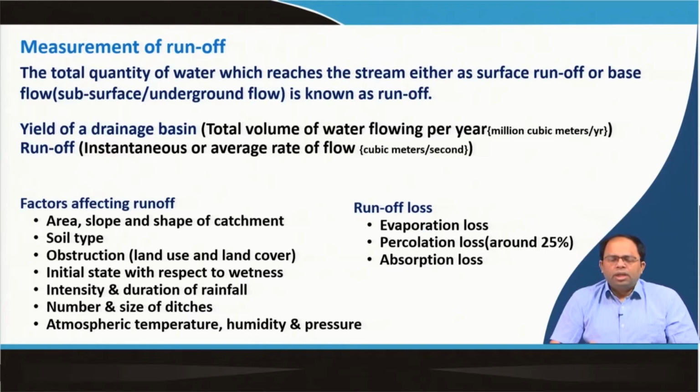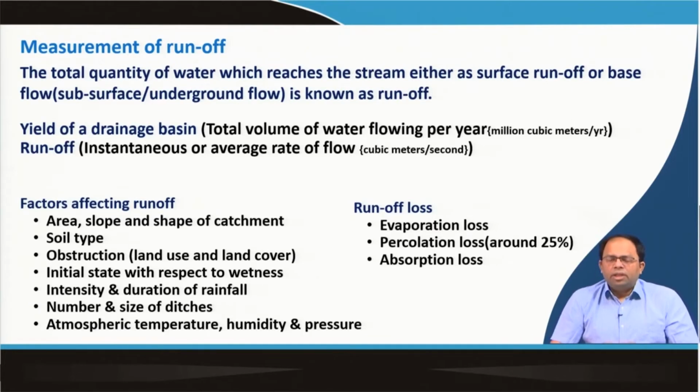So, usually after a rainfall we can ask what the runoff is, and we express that in cubic meters per second, which refers to the flow during that particular period. But whenever we say yield of a drainage basin, it refers to the total volume of water flowing per year from that particular drainage basin.